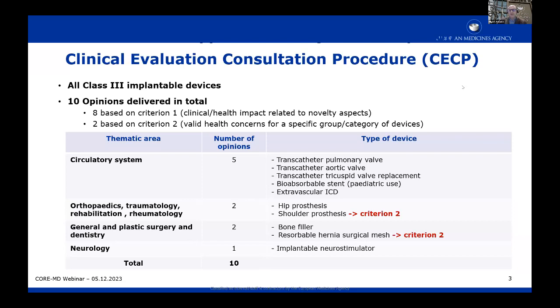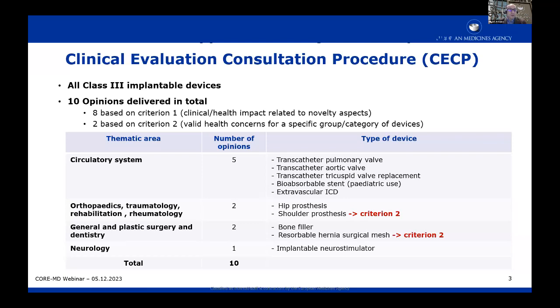And in terms of the criterion that was used, you can see that the majority of them, so 8, were based on this novelty criteria. So they were considered highly innovative devices that would have an impact either on specific individuals' health or even on more of a general approach in terms of treatment for a disease.